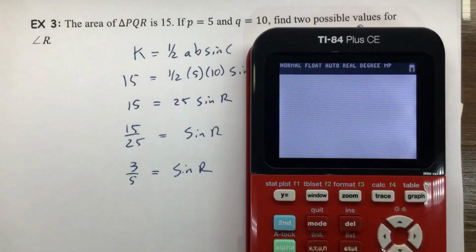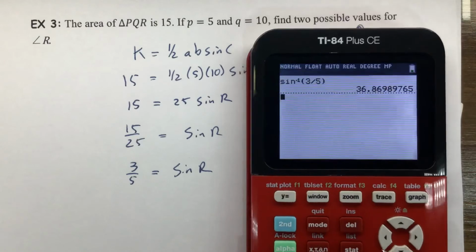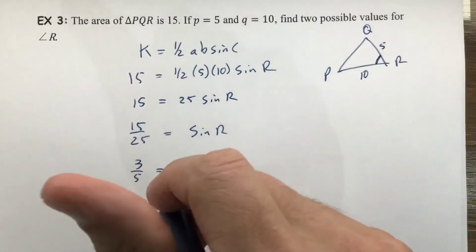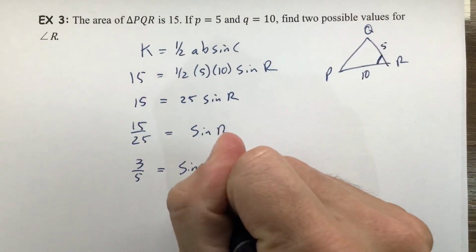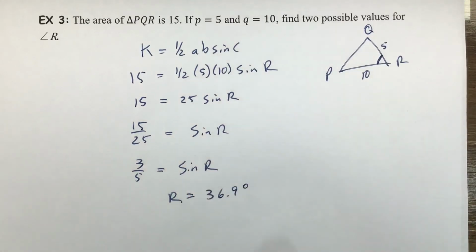So I'm going to press second sine, type in 3/5, or you could just do the 15/25. That'd be fine. And you get 36.9. So R is equal to 36.9 degrees.